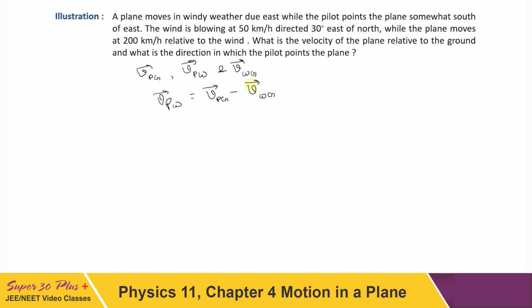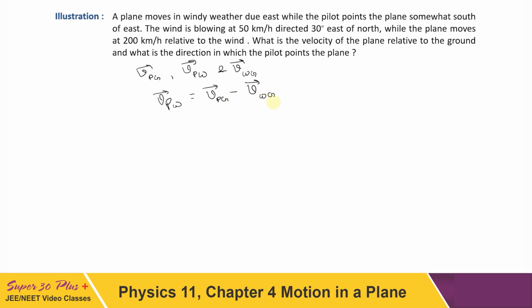As you can see, vpw can be written as vp minus vw, but since the velocity of plane and the velocity of wind have to be measured with respect to a common reference frame, here I have taken that common reference as ground. From ground we are observing the plane and from ground we are observing the wind. So it can be written as vpg minus vwg.